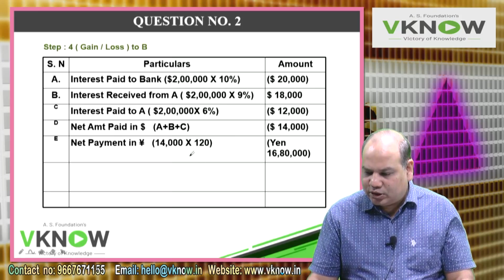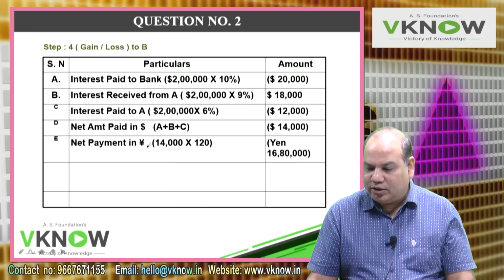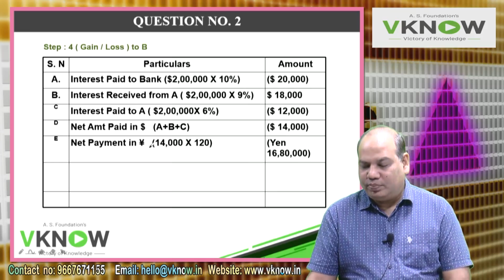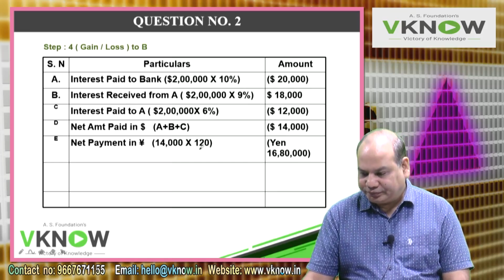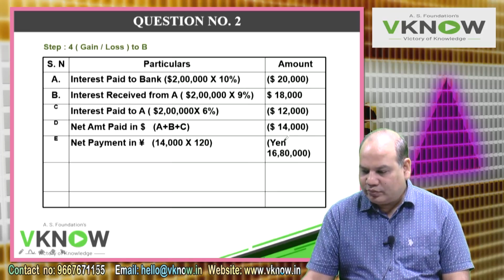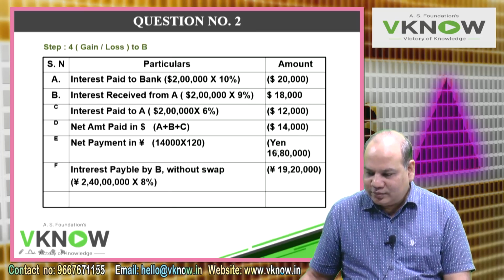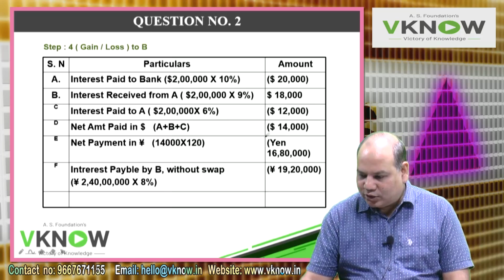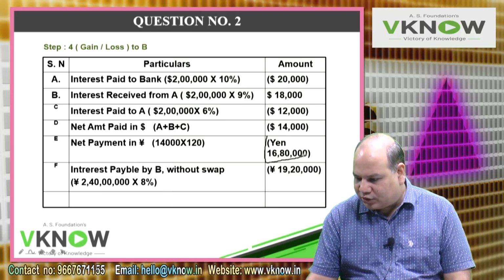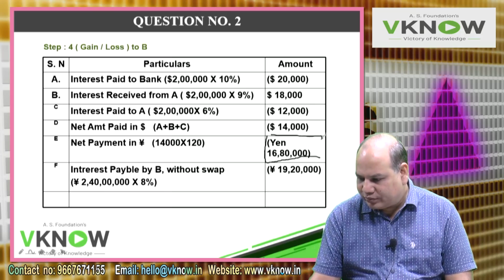So point number E, write down net payment in yen. 14,000 into 120. Yen 16 lakh 80,000. This is what it is paying under swap arrangement.